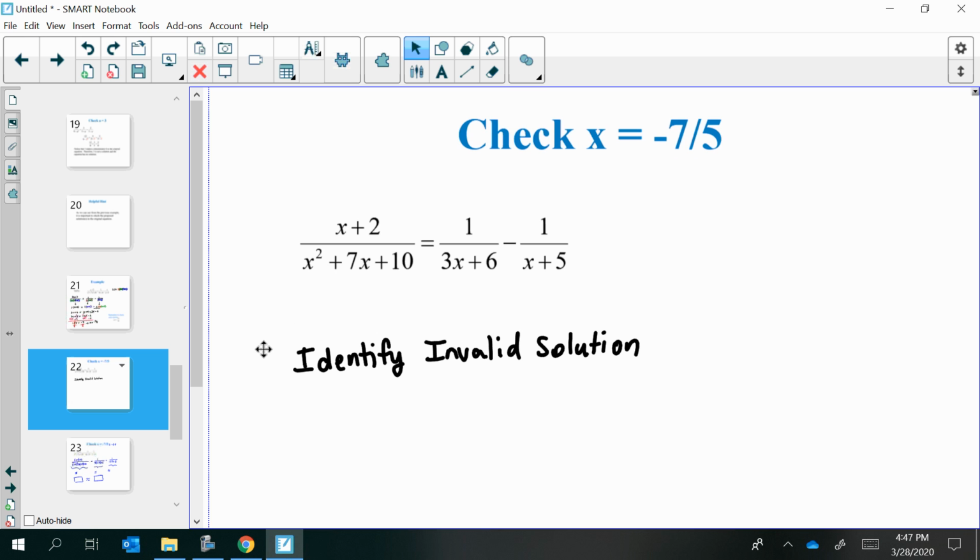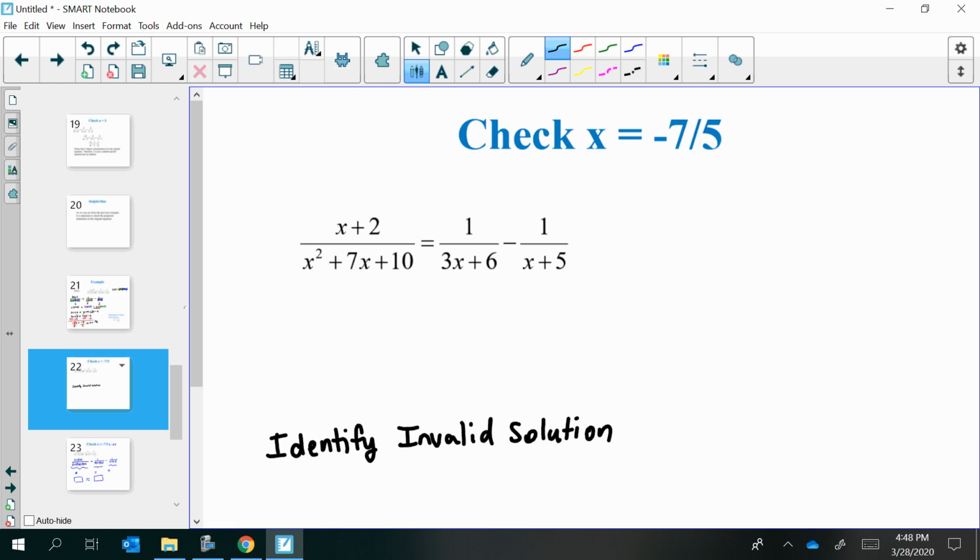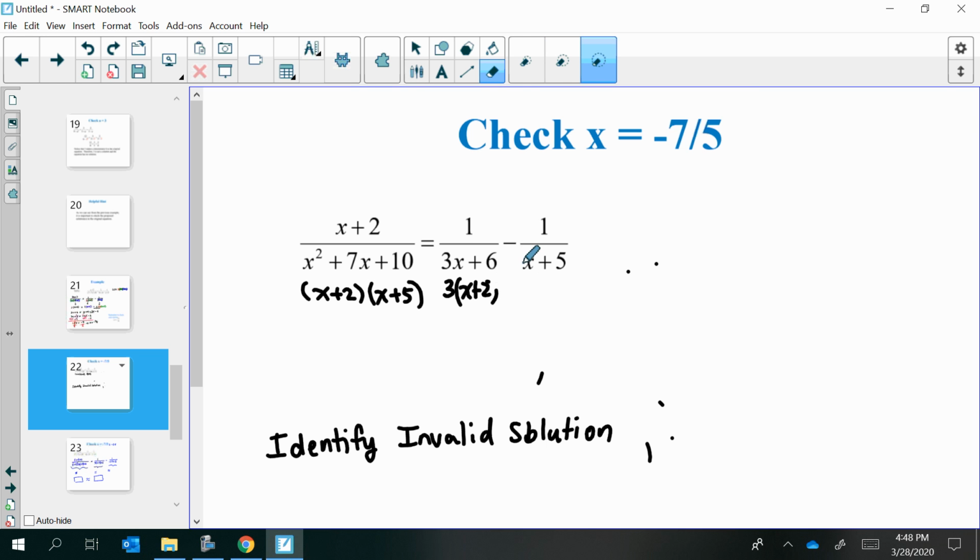So let's write those with their factored forms. So remember, this was x plus 2 and x plus 5. This one came out to be 3 times x plus 2. So all we need to do is make sure that none of our denominators ever equal 0.